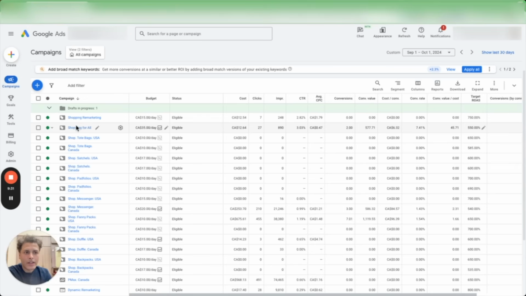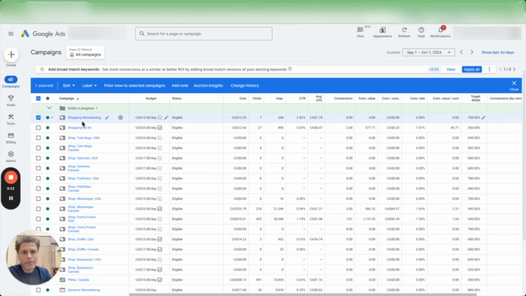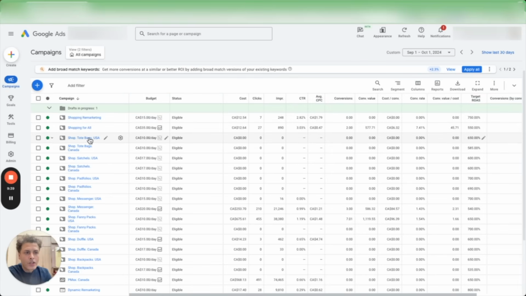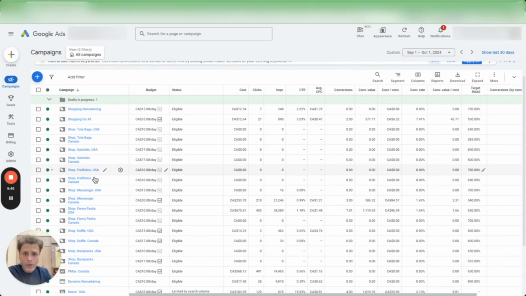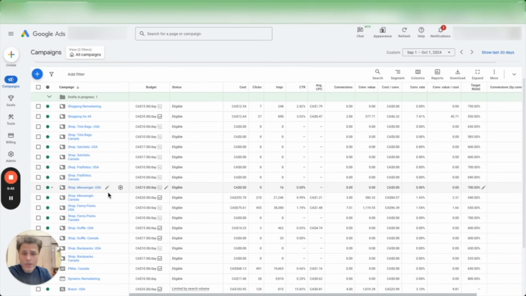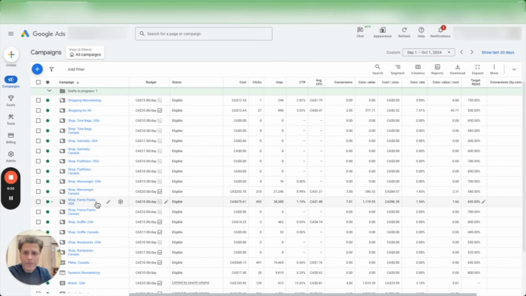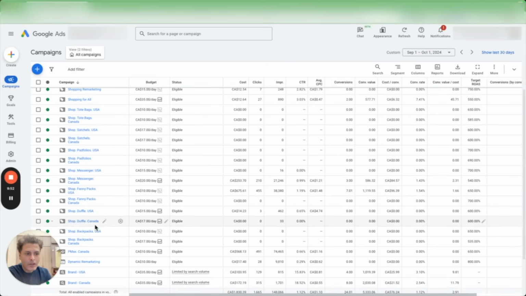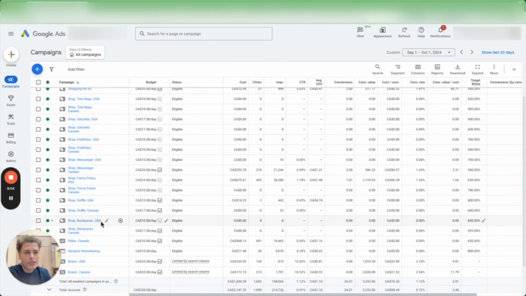I'll discuss that later. And this is a remarketing campaign, so whoever comes to our website, we want to remarket to them specifically. Then tote bags in USA, tote bags in Canada, satchel bags in USA and Canada, portfolios in USA and Canada, messenger bags in USA and Canada, fanny packs in USA and Canada, duffel bags in both countries, backpacks.